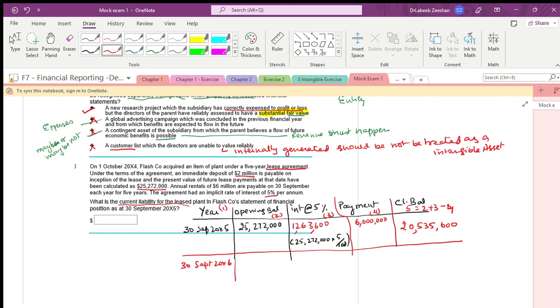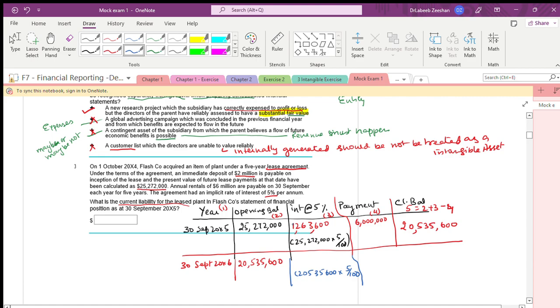The opening balance is the last year closing balance, 20,535,600. Then 20,535,600 into 5 by 100, that is times 0.05. It comes to 1,026,780. Okay, 1 minute.